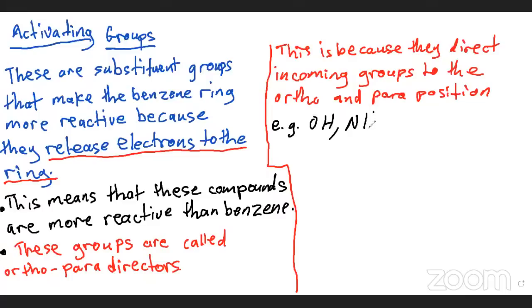So OH, NH2, and the methyl group. These are the only ones you really need to know, because these are the compounds that they use. So phenol, amine, and methyl benzene, right? These are more reactive than benzene because they are activating groups.